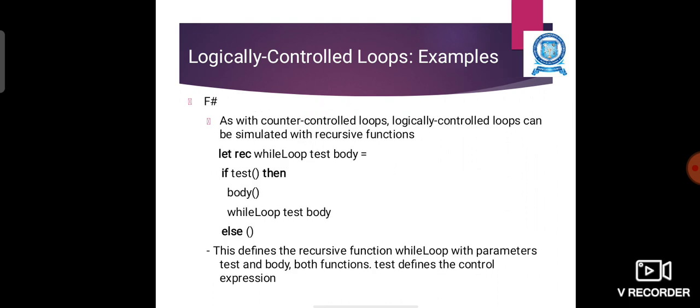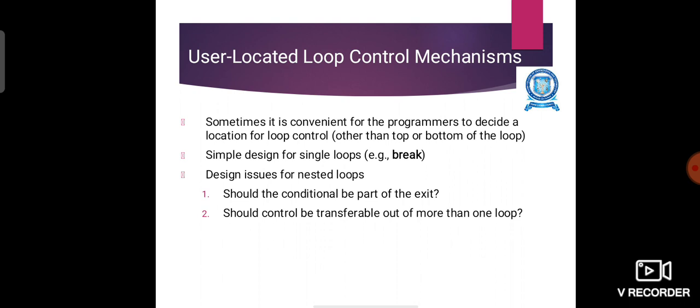But in F#, as with counter controlled loops, logically controlled loops can be simulated with recursive functions. The given code defines the recursive function while loop with parameters test and body, both functions. Test defines the control expression.